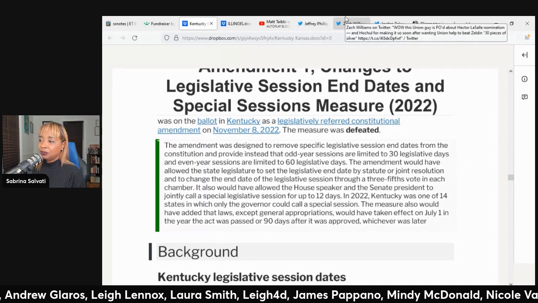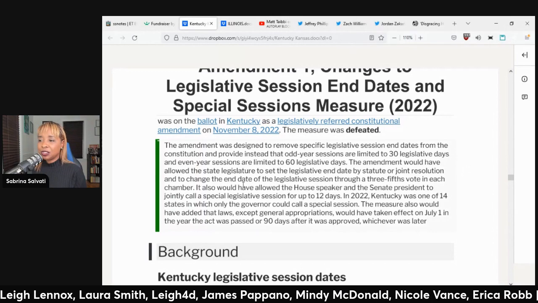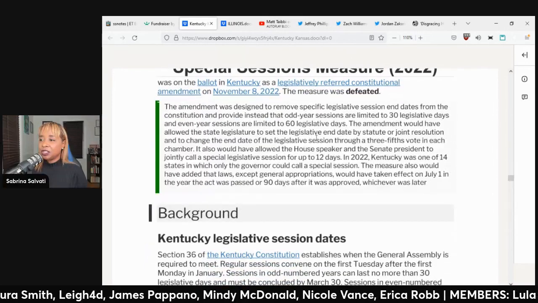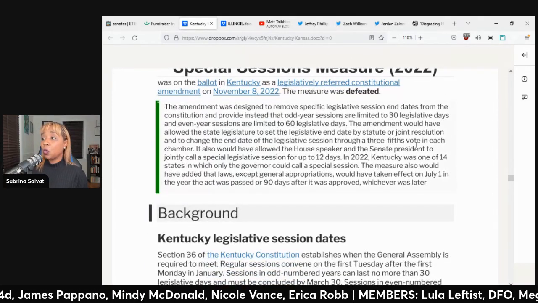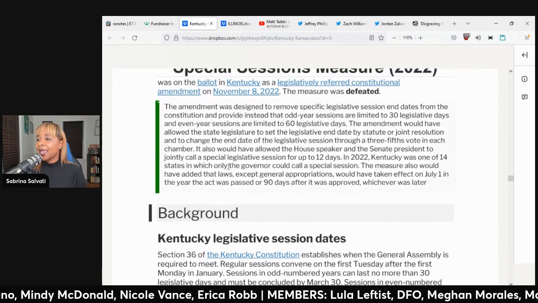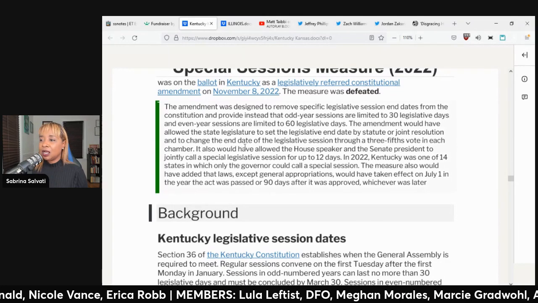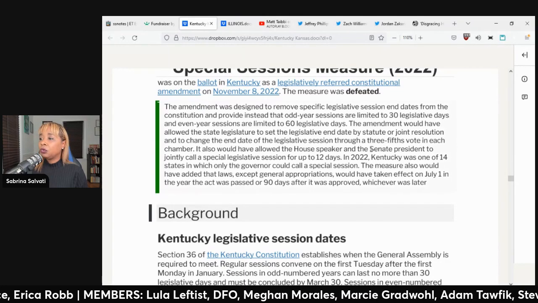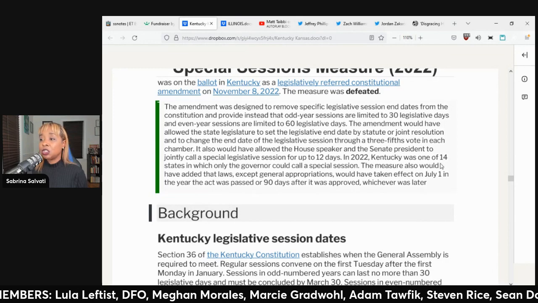The amendment would have allowed the state legislature to set the legislative end date by statute or joint resolution and to change the end date of the legislative session through a 3/5 vote in each chamber.